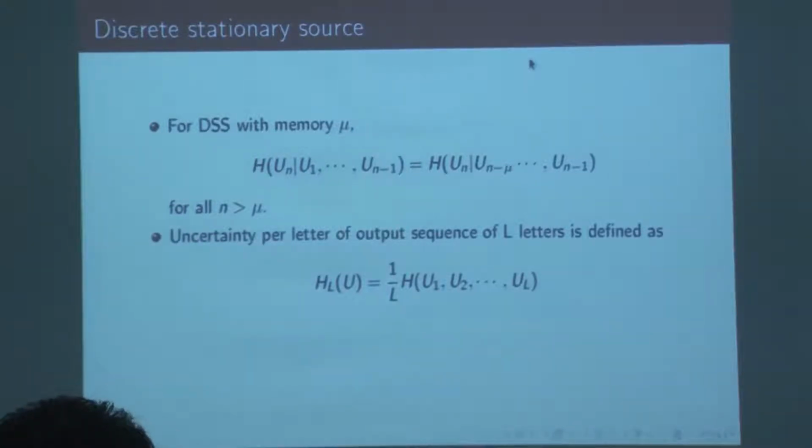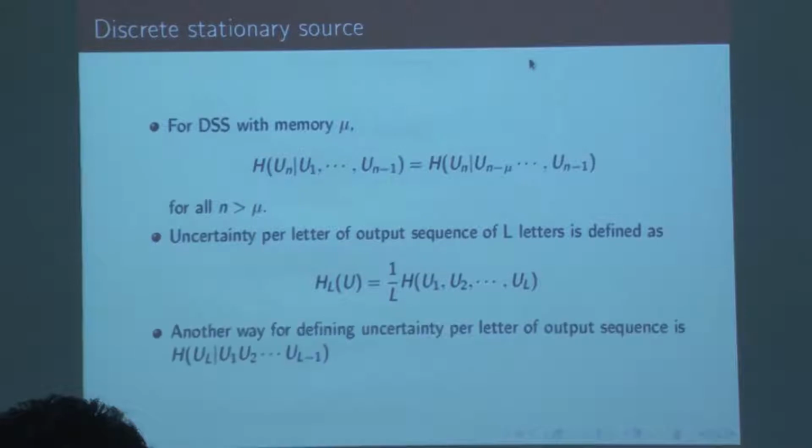Now, in the case of a discrete stationary source, how do we describe uncertainty? There are two ways of doing it.